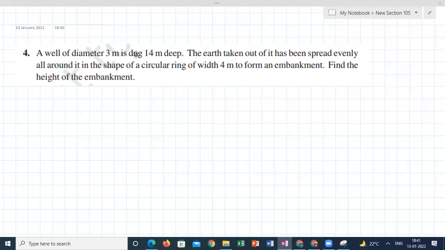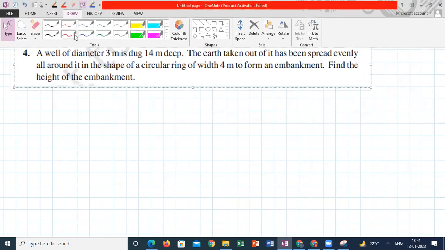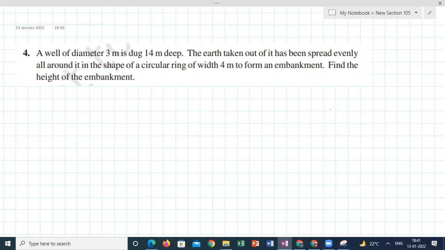Anyone understood the question? A well of diameter 3 meter is dug 14 meter deep. The earth is taken out. So it's a flat earth, and they dug a well. How does the well look?